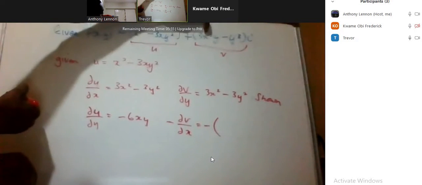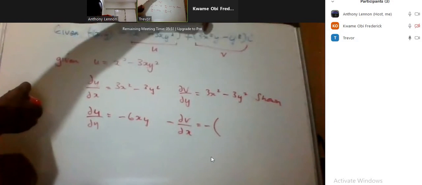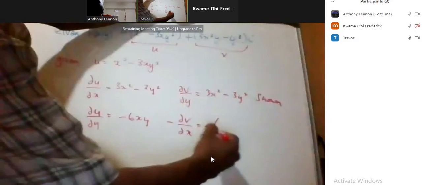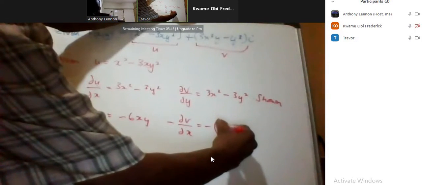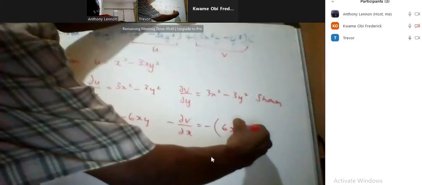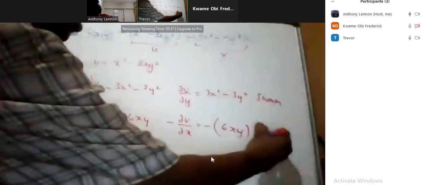Differentiate that with respect to x, so this guy disappears and 6xy becomes 6x. So we just write it back and put shown, and that verifies it. Yeah, because I messed up the question.